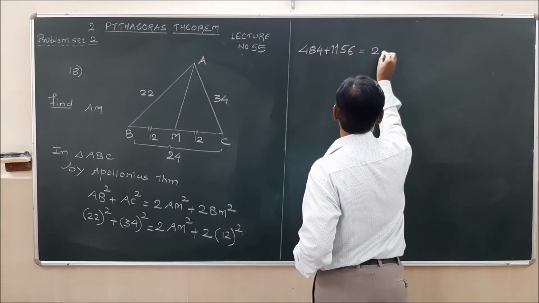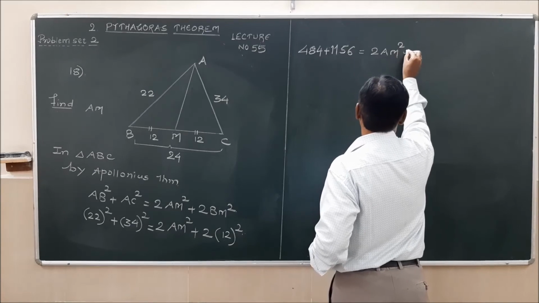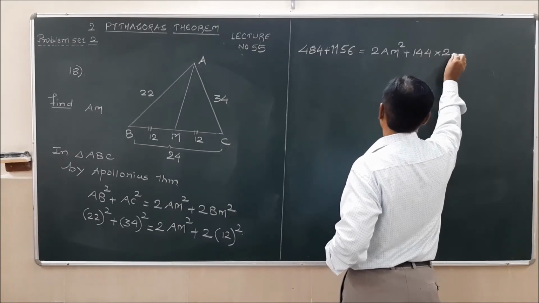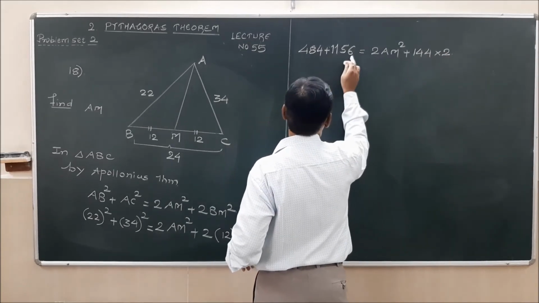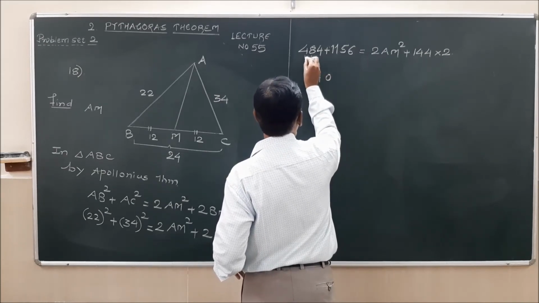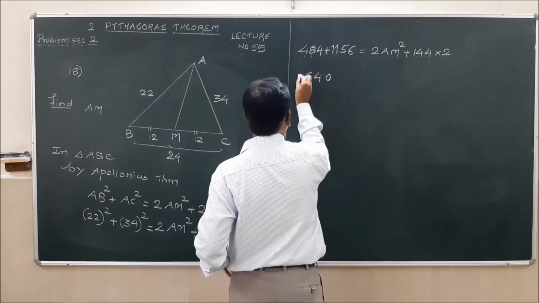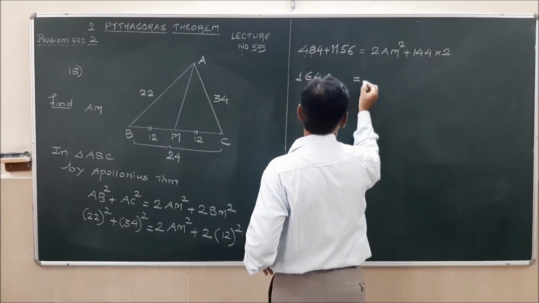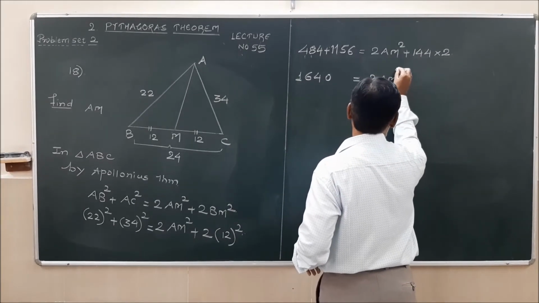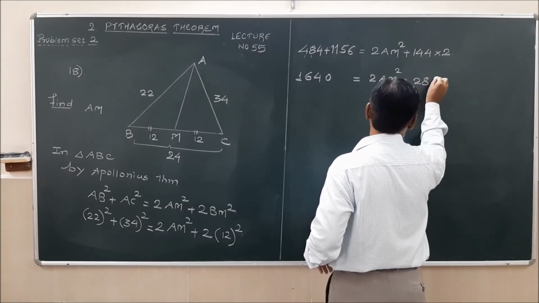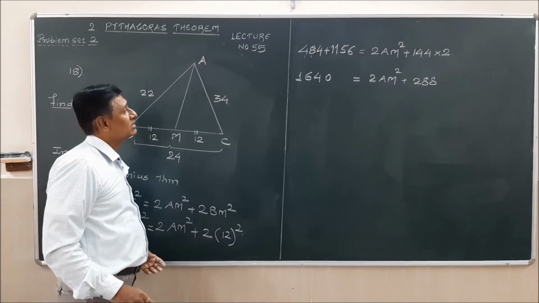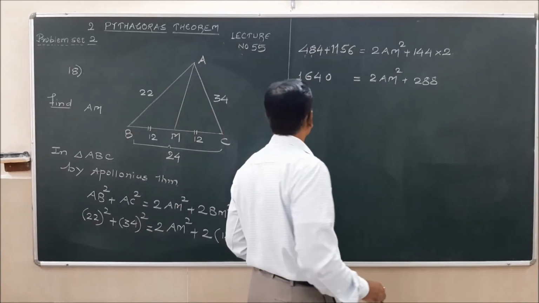That is equal to twice AM square plus 12 square is 144 into 2. So addition of these two is 1640, twice AM square plus 288, that is 144 into 2. So you will find the sum of 22 square plus 34 square.